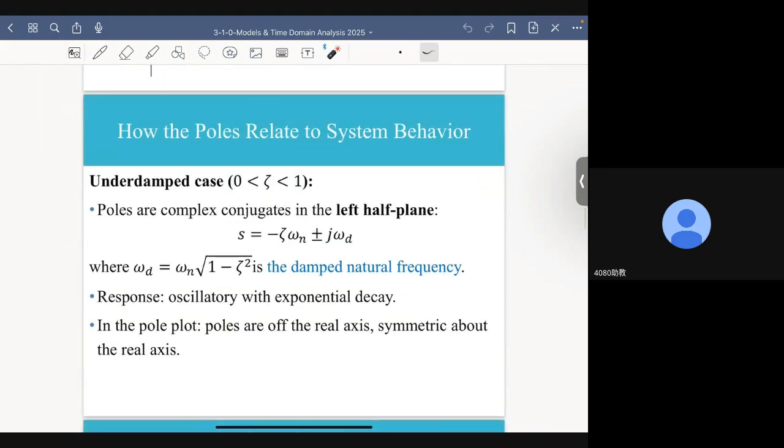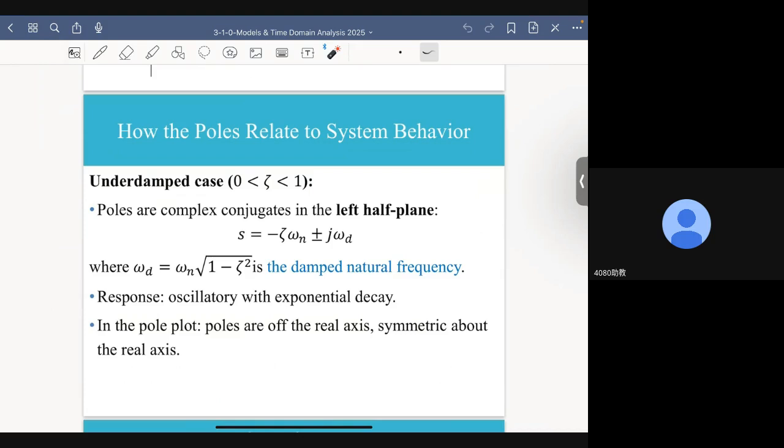Now, the question here is how the poles relate to the system behavior. Let's focus on the underdamped case. The reason why we want to focus on the underdamped case is that the overdamped case, typically for our control applications, is simply too slow.